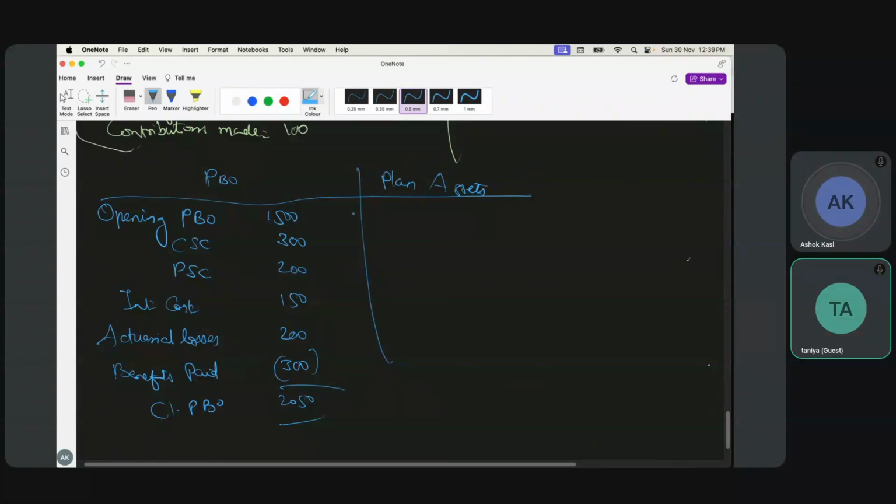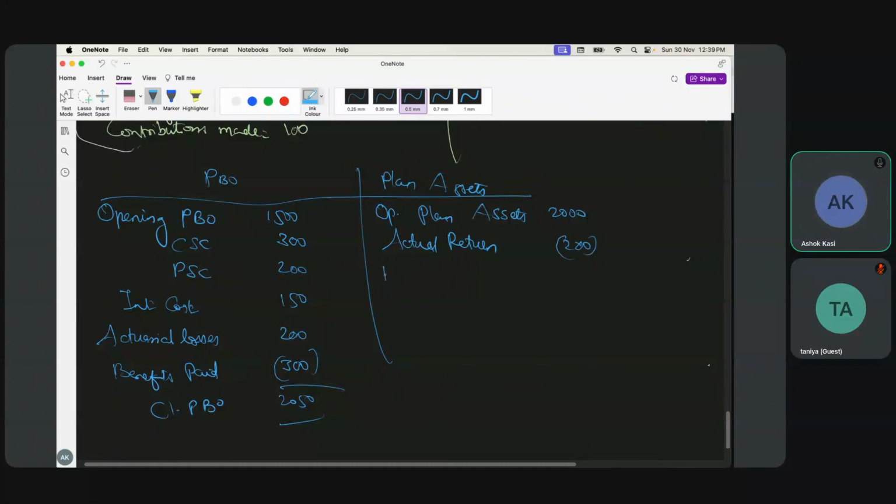Okay. Then opening plan assets 2000. Actual return is minus 200.